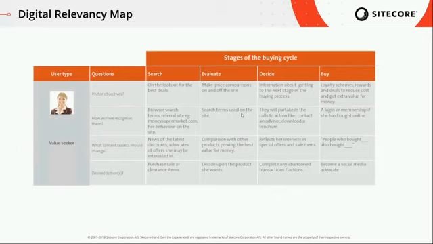So I bring your attention here to the digital relevancy map. And I mentioned this before in a previous recording. Basically, this is something that you're configuring as a team, stages of your buying cycle. And I bring these things up because of these types of discussions that you have as a team, think about those team meetings when you're trying to figure out what kind of information you're going to capture, how you're going to build a promotion, how you're going to track the results, and so forth.